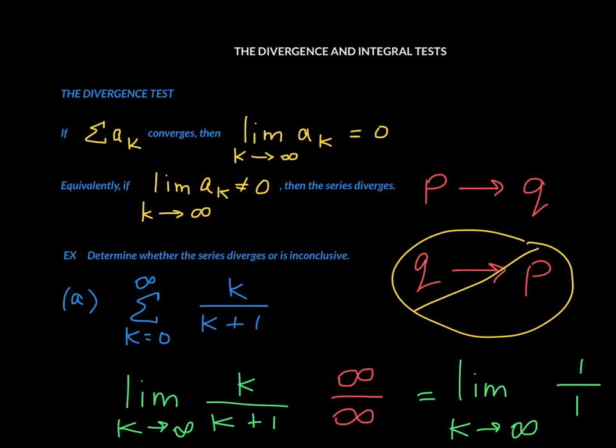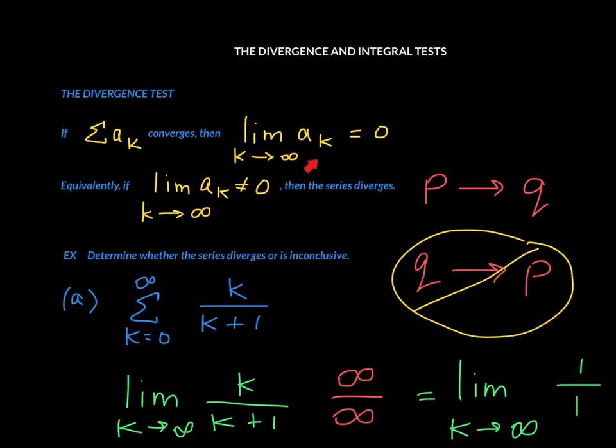So just because we're able to show that the limit is 0 does not necessarily mean the series converges. Maybe it does, maybe it doesn't. We're not sure. The only thing we can conclude is if the limit is not 0, then we can conclude the series diverges.